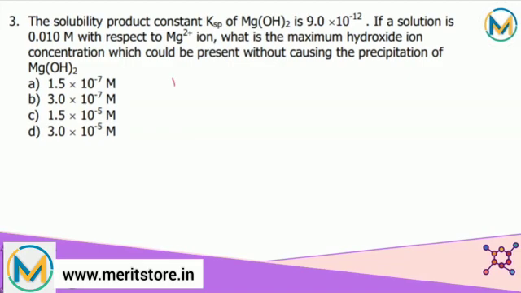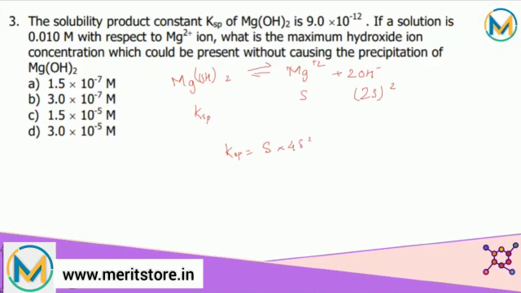So we know that Mg(OH)2 dissociates as Mg2+ and 2OH minus ions. So the Ksp is equal to S into (2S) the whole squared. So Ksp can be written as S into 4S square.